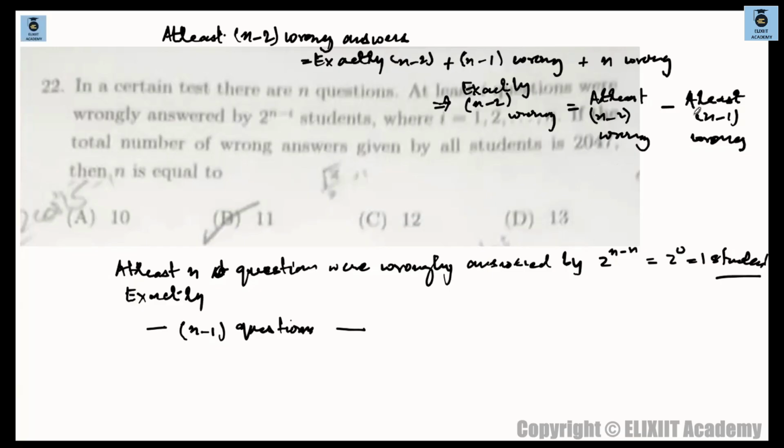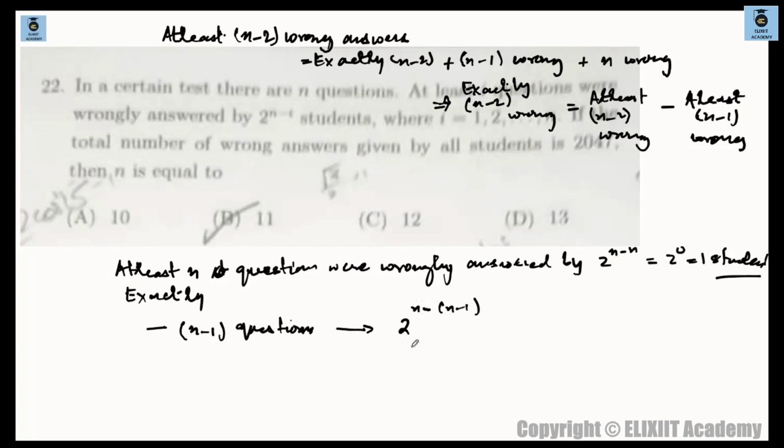So at least n minus 2 wrong minus at least n minus 1 wrong. For n minus 1 wrong, how many are there? At least n minus 1 wrong, and then one less than this, so at least n wrong. So basically this will be 2 to the power of n minus 1.